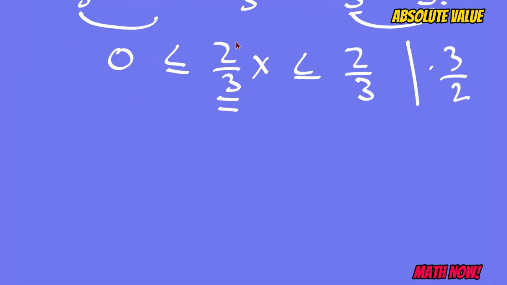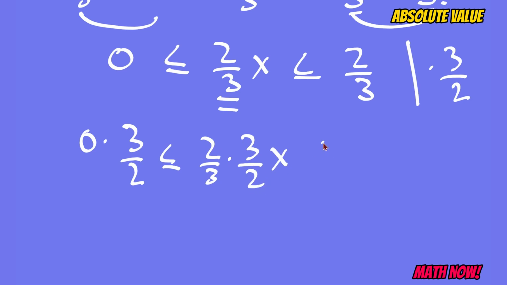Because I want to get rid of this 2/3. So it's going to be 0 multiplied by 3/2, less or equal to 2/3 multiplied by 3/2 x, and equal or less to 2/3 multiplied by 3/2.